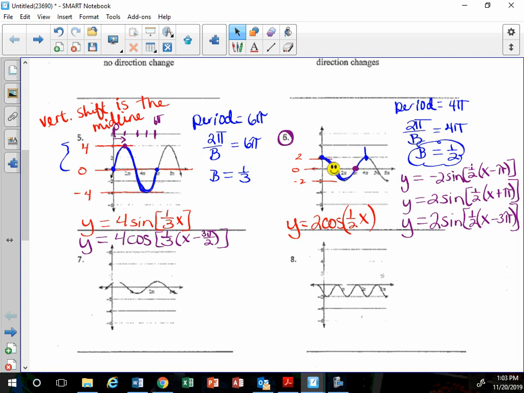So from the original, where did I go to turn it into the sine graph? You could have gone left by pi. That would have made it work. Or you could have gone right by pi and flipped it. It's asking, what did you do to the original graph to turn it into this graph? Does that help? So you're not going back. Okay.